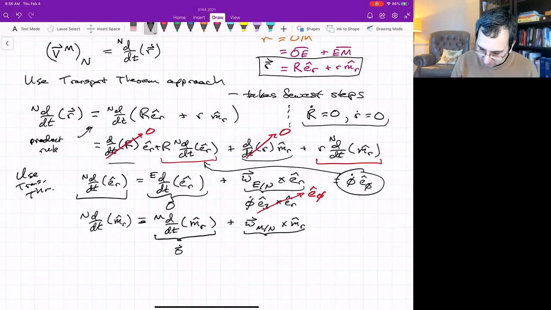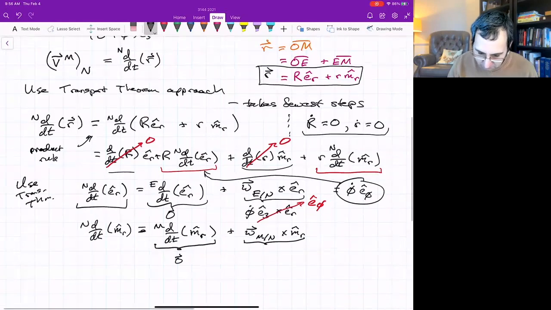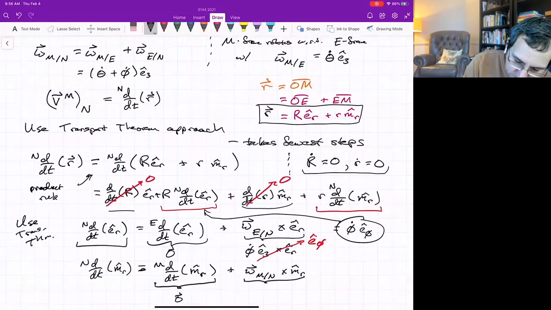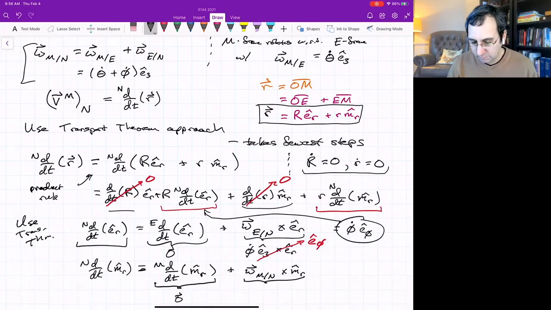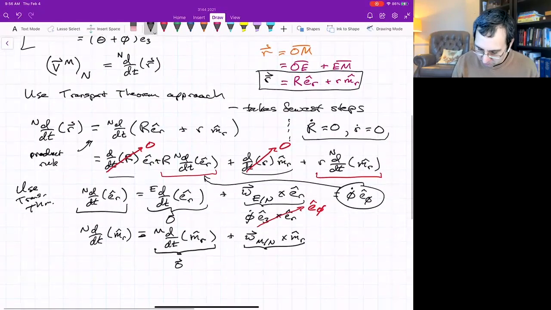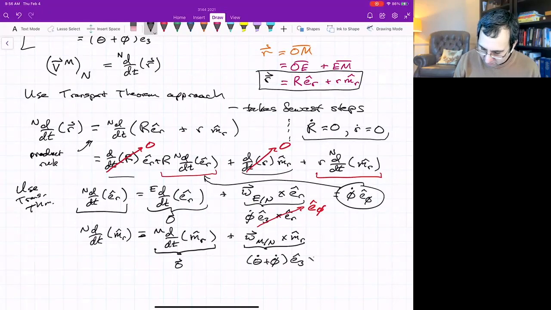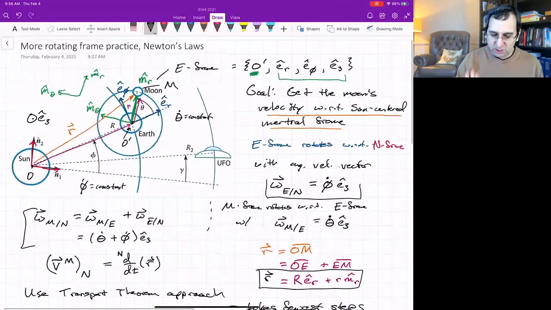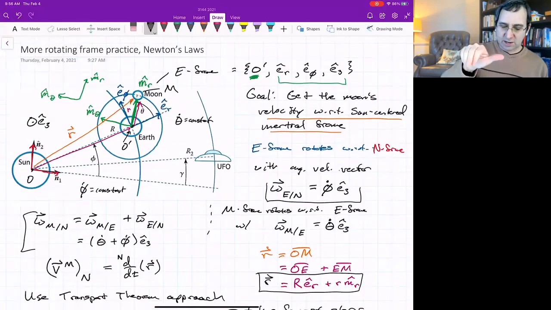But then what about here? Well, we wrote what M n is over this upper left-hand corner. So this would be theta dot plus phi dot E3 cross MR. E3 is just the direction coming out of the screen. So E3 cross MR, my thumb is pointing in the M theta direction.